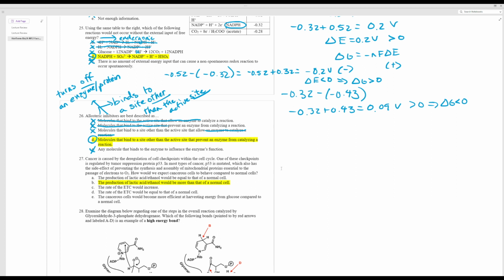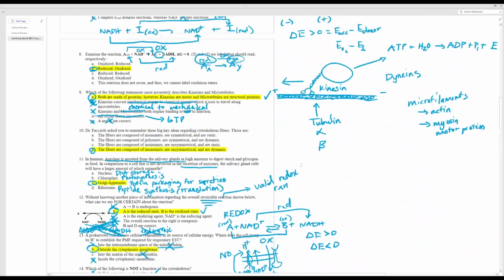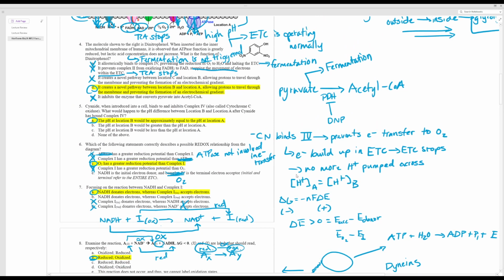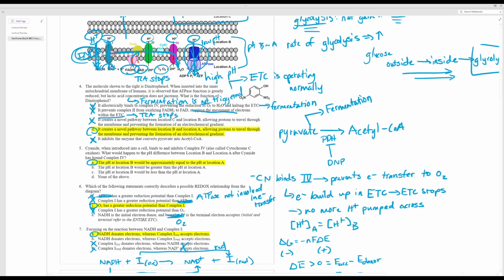What this is saying is that our complex 4 is unable to pass electrons onto O2. It does the same thing as cyanide, right? So remember we talked about earlier, when we introduce cyanide, we start blocking the ETC from functioning, right?